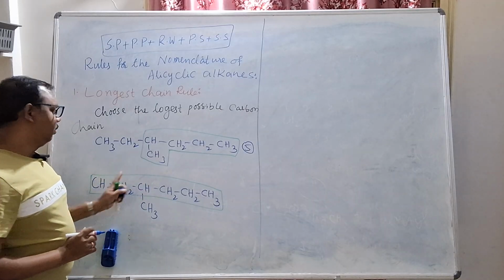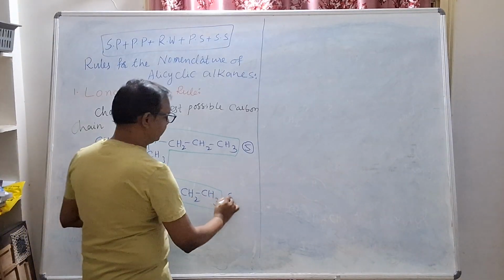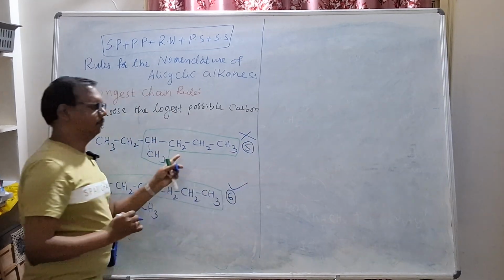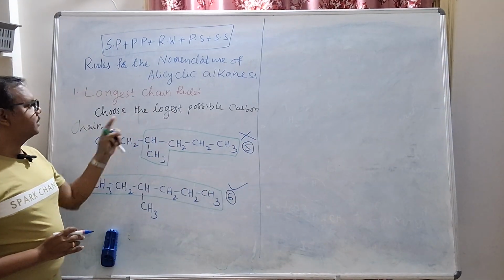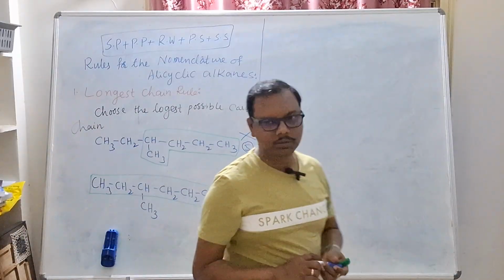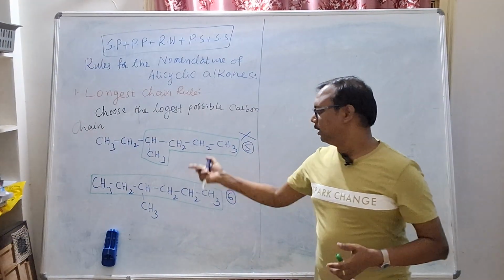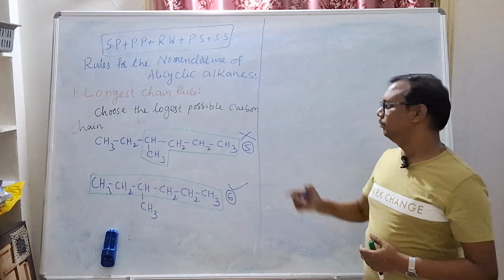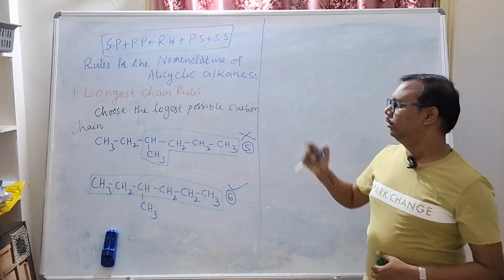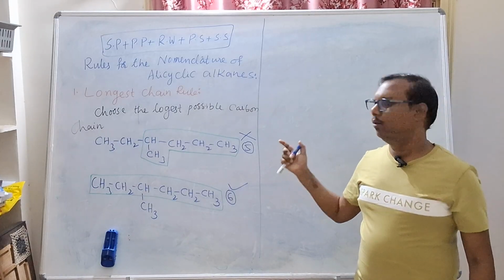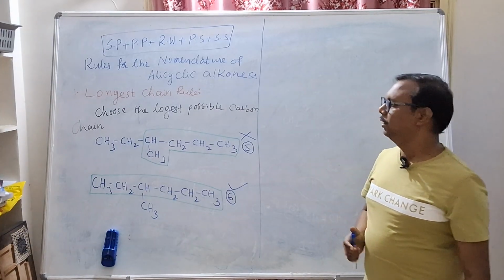There are a total of 6 carbons present here. Therefore, this one you have to consider, this one you should not. Longest possible chain we have to consider. In the longest chain rule, choose the longest possible chain in the given organic compound.